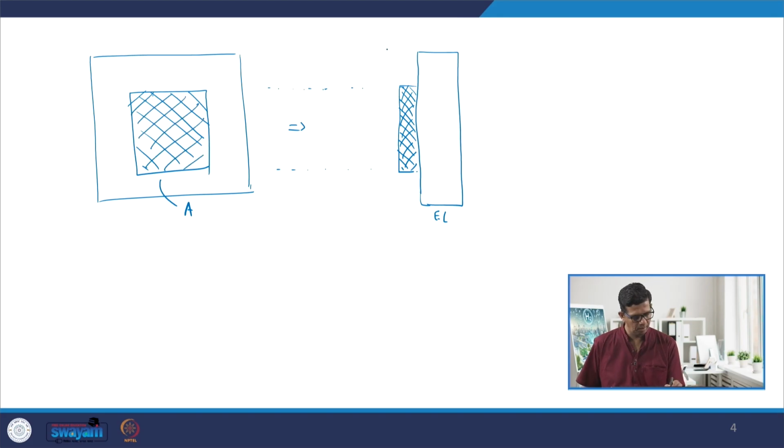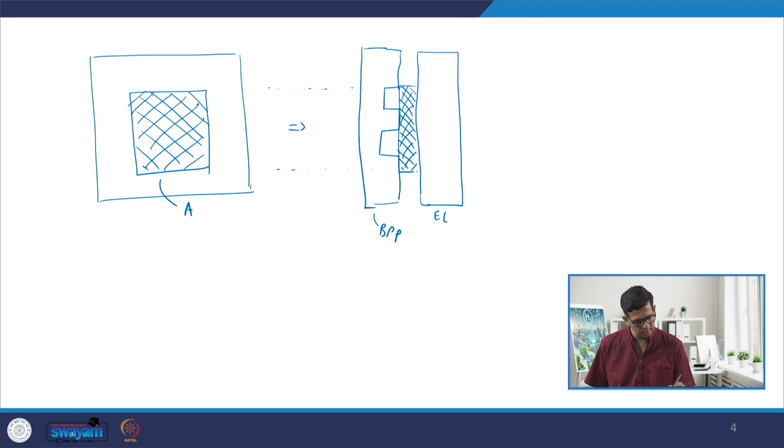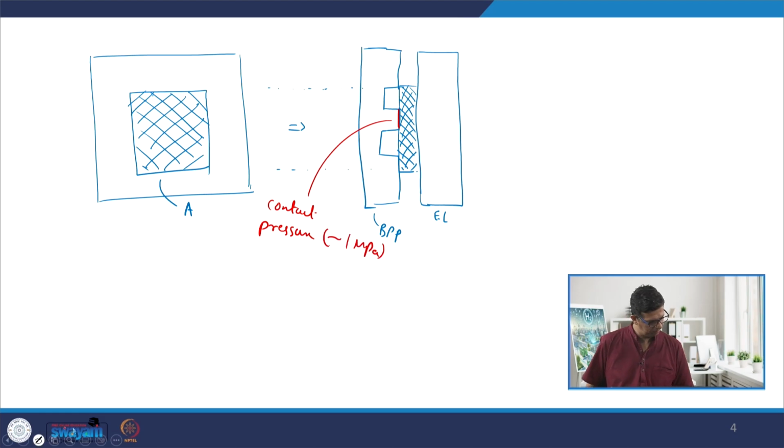My bipolar plate will be something like this. I am talking about the contact pressure at these points here. The contact pressure here should be around 1 megapascal, which is at the interface of the bipolar plate and the GDL. This is my GDL.